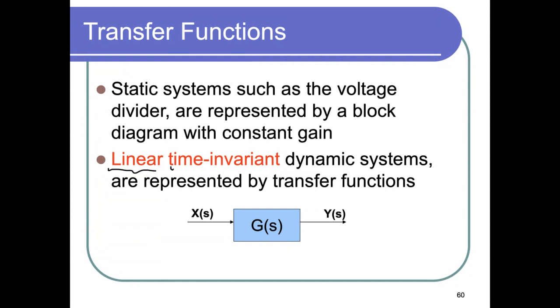When I say time invariant, it doesn't mean that it does not depend on time, because it's a dynamical system. Any dynamical system depends on time. It just means that the dynamics, the relationships, the mathematical representations of the system do not change. For example, if I have a differential equation describing the input-output relationship, this differential equation tomorrow is the same differential equation.